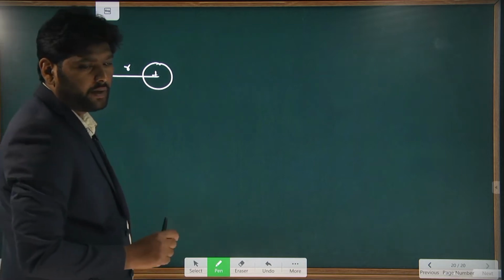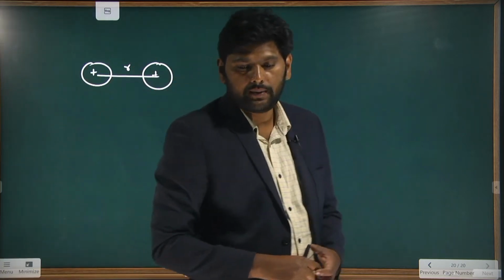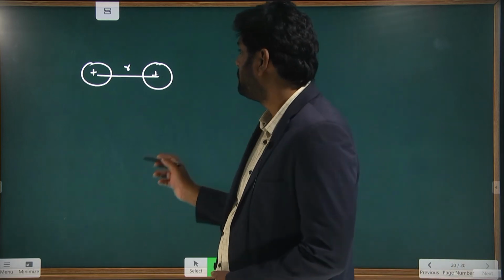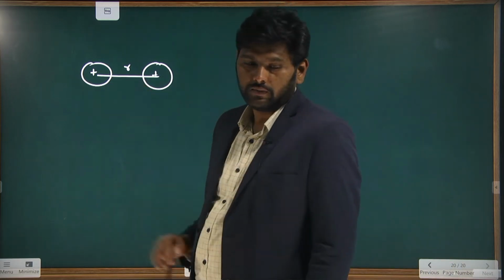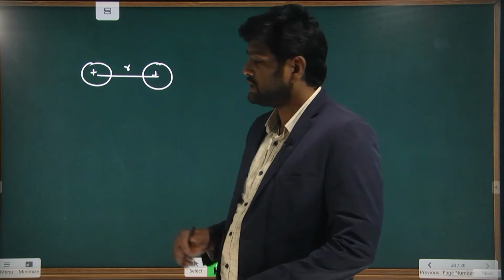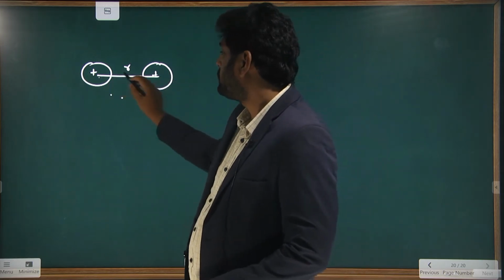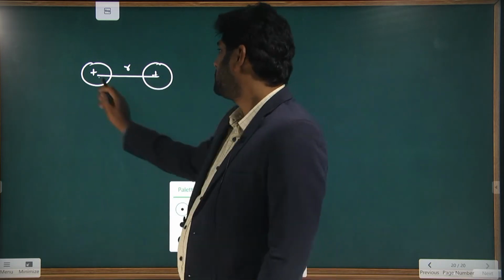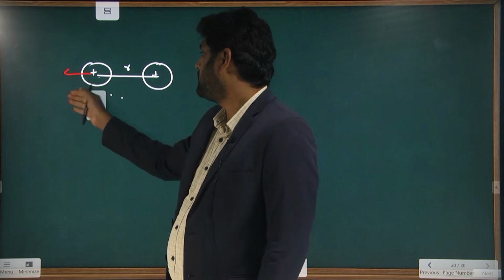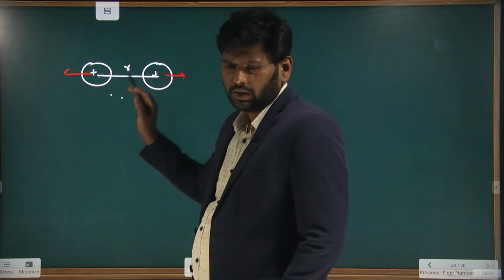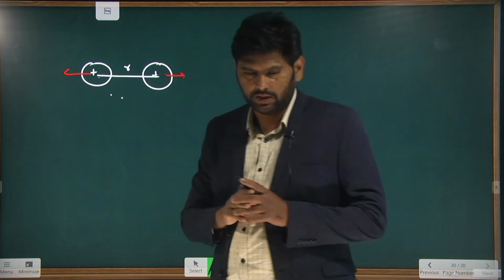According to Coulomb's law, a force between the charges will exist. Because both are positive, this charge will repel in this direction and that charge in the other direction, which means repulsion takes place between them.